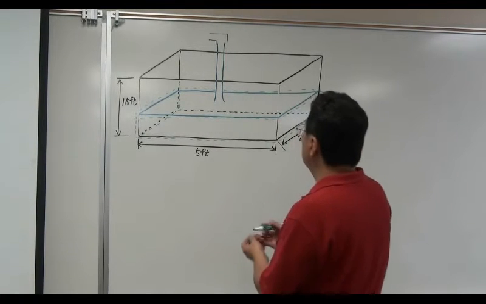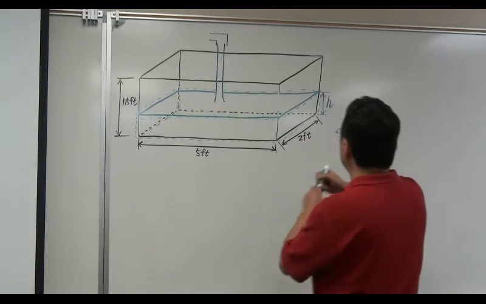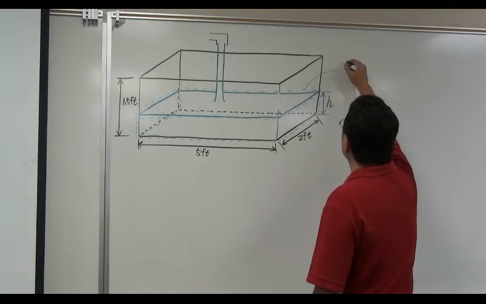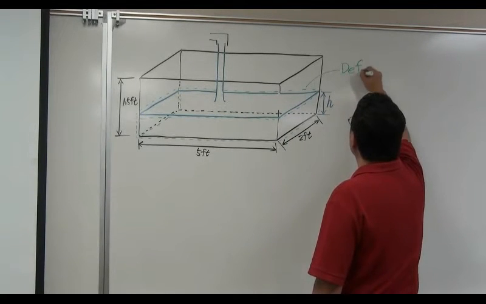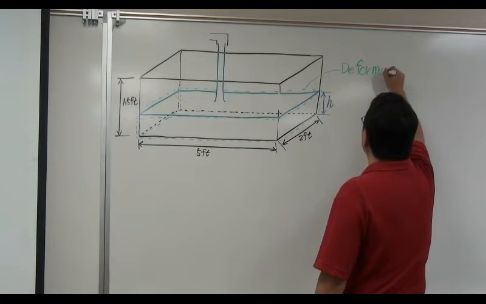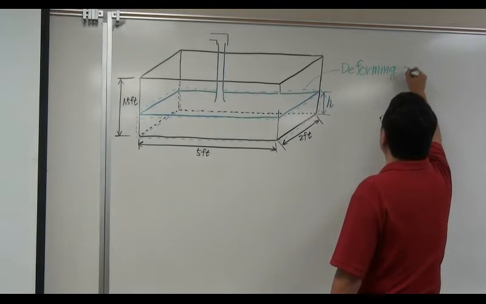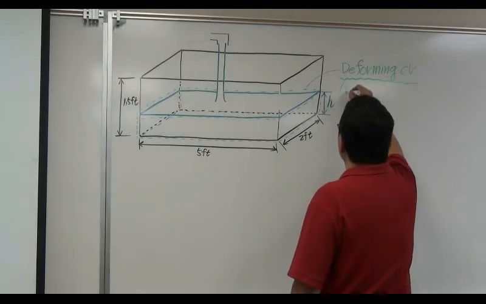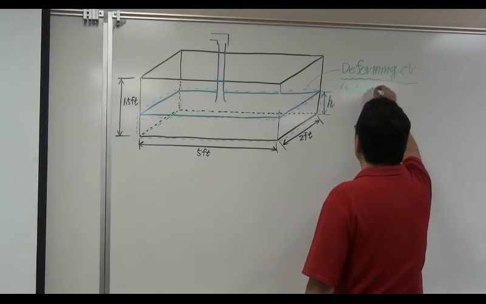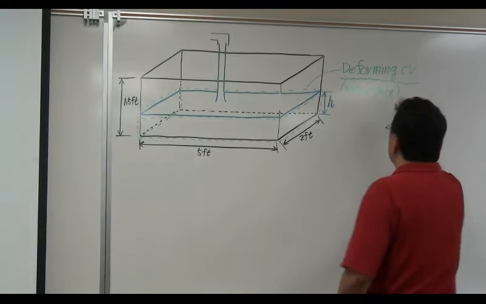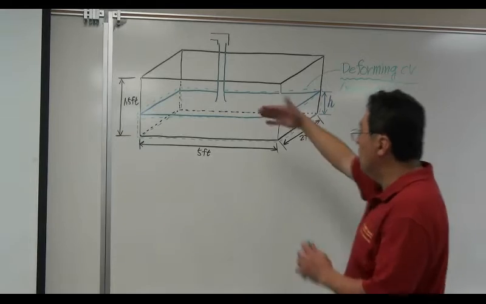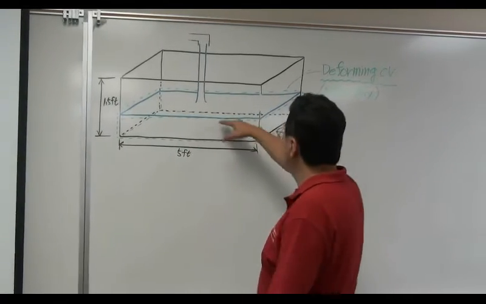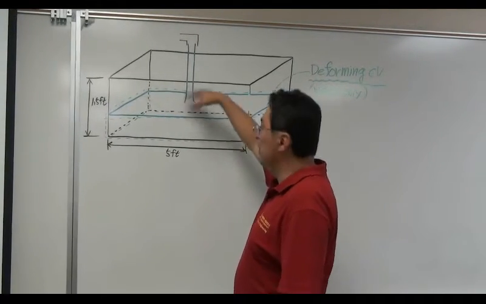Okay, so this is my control volume. Obviously, this is a deforming control volume. Water only. So as you keep adding the water from the faucet, this volume keeps changing, increasing.